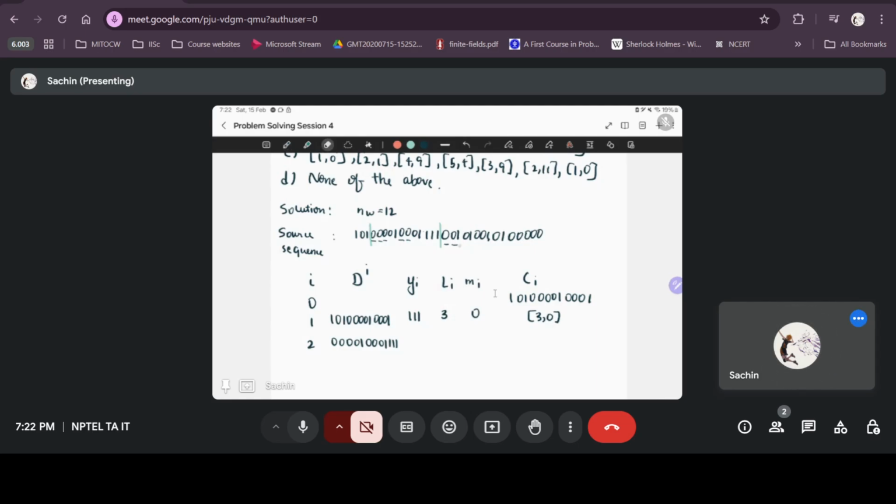Substring of length 3, 001: does it match anywhere? Here it's 000, from here it's 000, from here it's 001. So if you start from here, you get a matching substring.